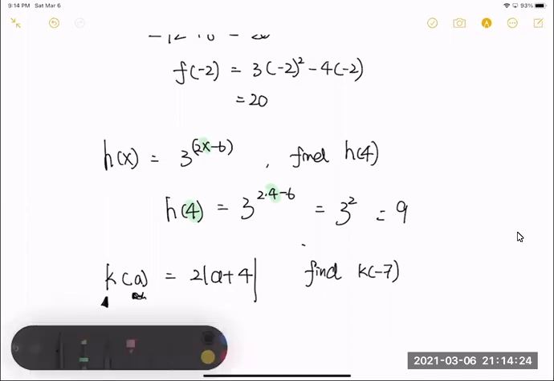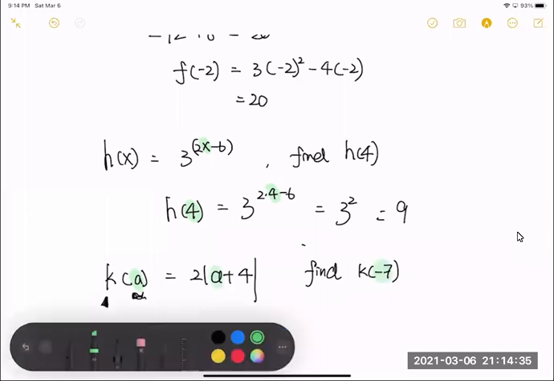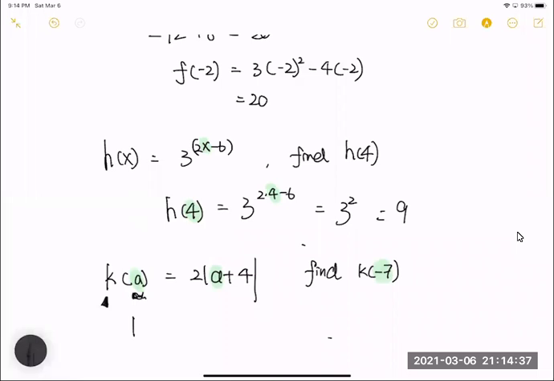Whatever is inside the parentheses would be an input value or independent variable. So this part is a, and we want to change it to negative 7. So k of negative 7 equals 2 times the absolute value of negative 7 plus 4. This is equal to the absolute value of negative 3, which is equal to 3. 2 times 3 is equal to 6.